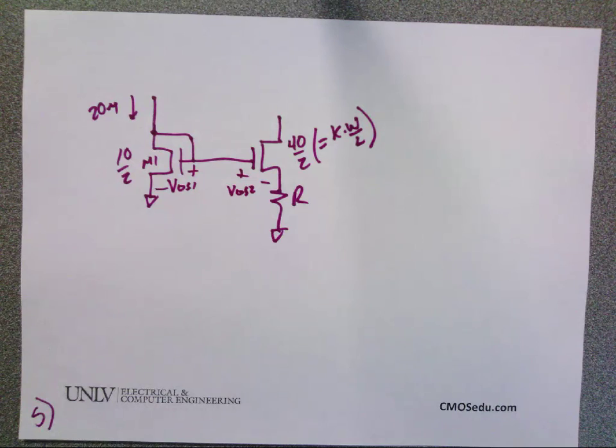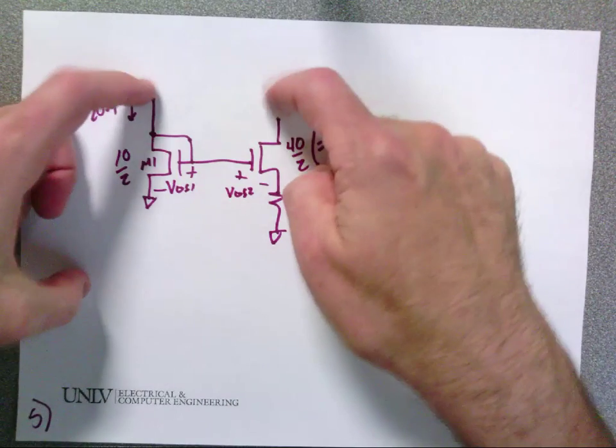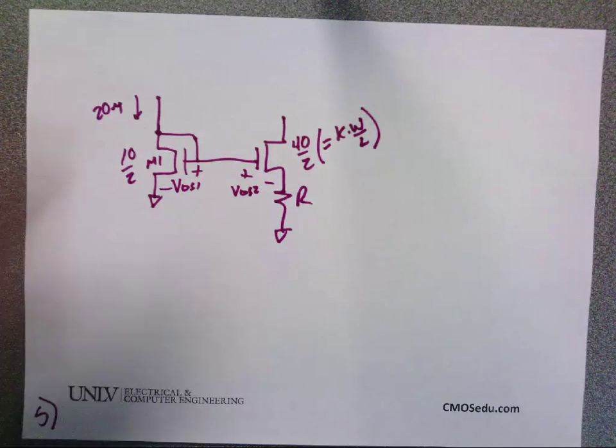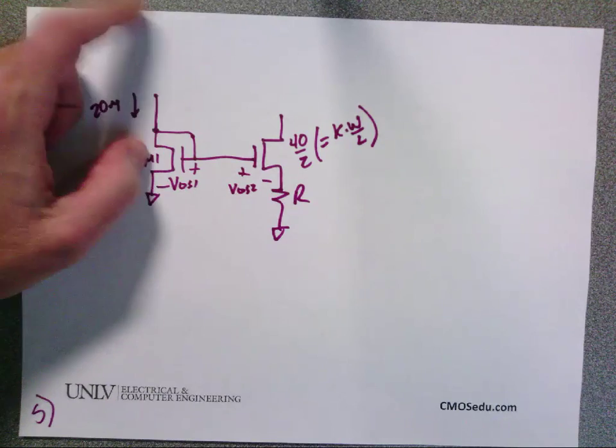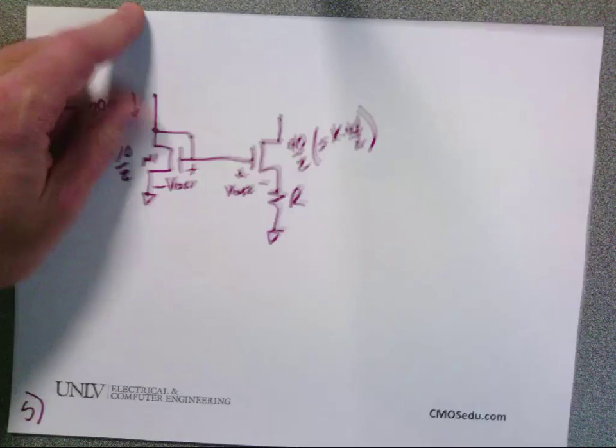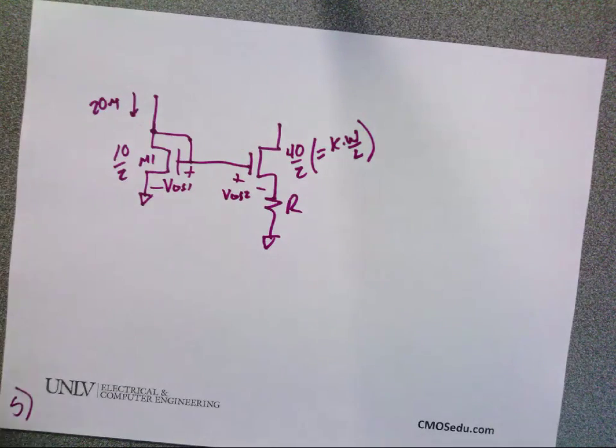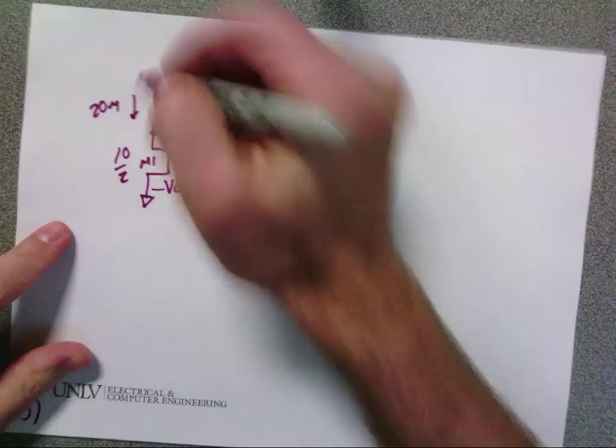What's that? No. How do I get the same current flowing through each side? Can't put a resistor here because then I have the same old problems, right? Because then I'm sensitive to VDD. Yeah, PMOS current source. So I'm going to go over here.